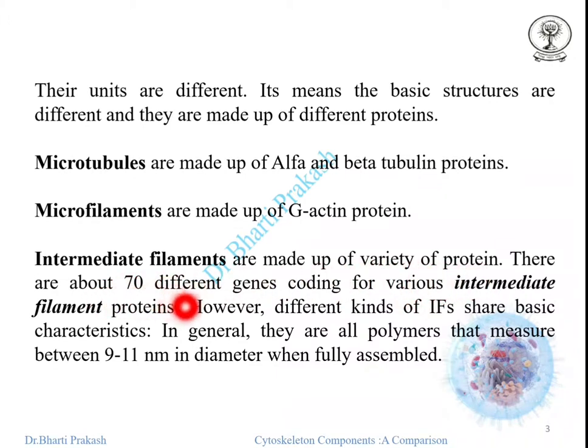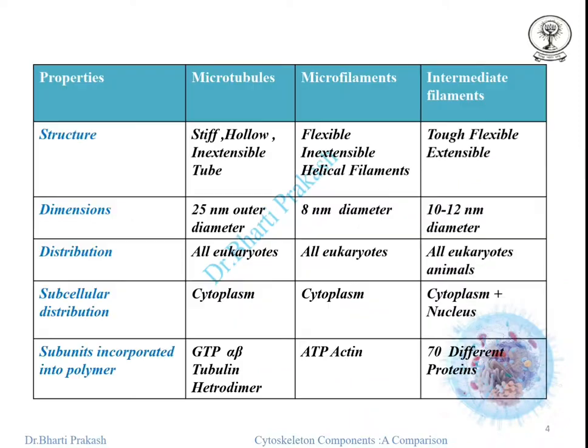There are about 70 different genes coding for various intermediate filament proteins. However, different kinds of intermediate filaments share basic characteristics, and in general, they are all polymers that measure between 9 to 11 nanometer in diameter when they are fully assembled.